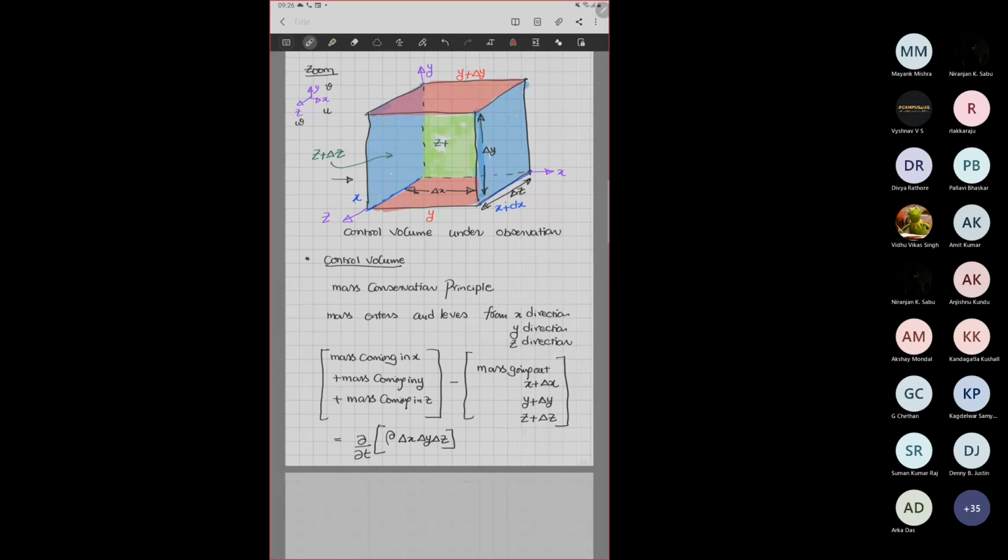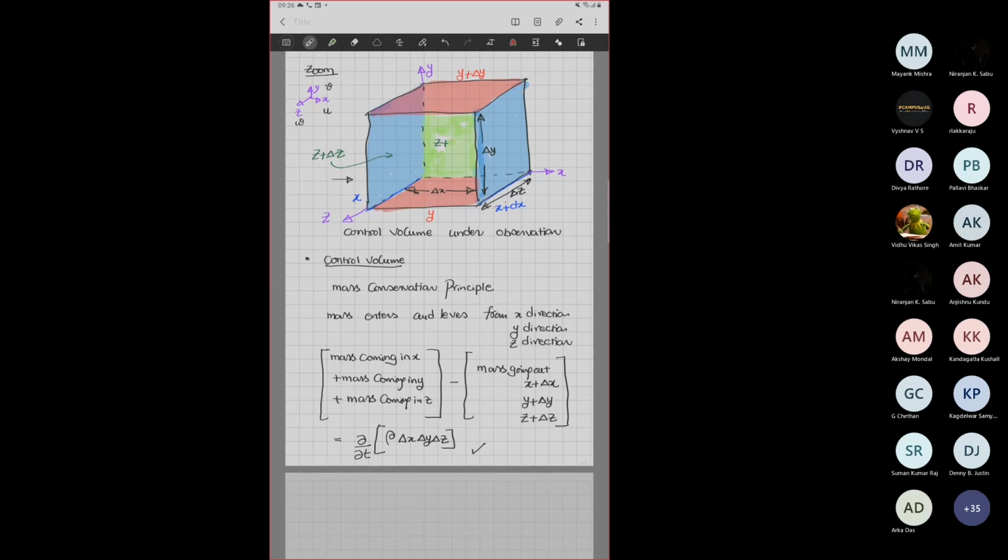Naturally, this is supposed to be plus. Density is by definition positive definite. Volume, delta x, delta y, delta z, is also positive definite. So del by del t, over time, gradually the mass within that box is going to increase. Volume might not be increasing. In that case, density may have to increase. It might be compressing. More and more mass comes and squeezes into that box.